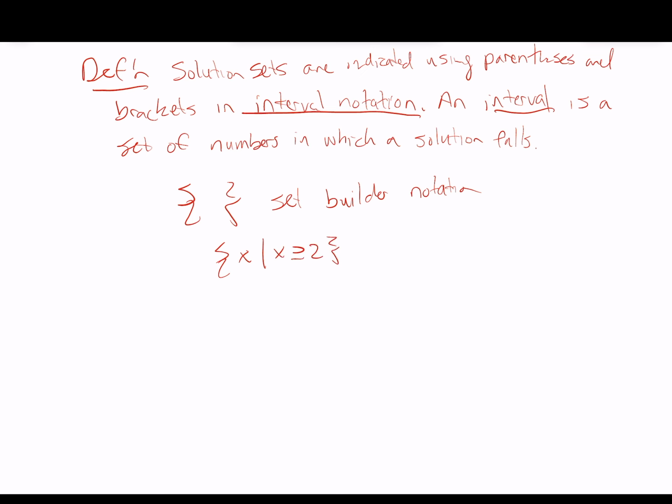That's another way to do this. What is another way that we can represent an inequality? Well, we could also represent that as just x greater than or equal to 2. So we have 3 different ways so far that we can list this.